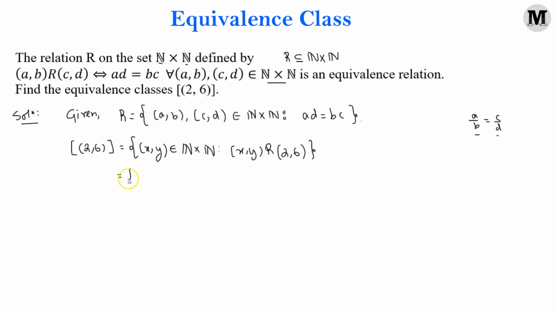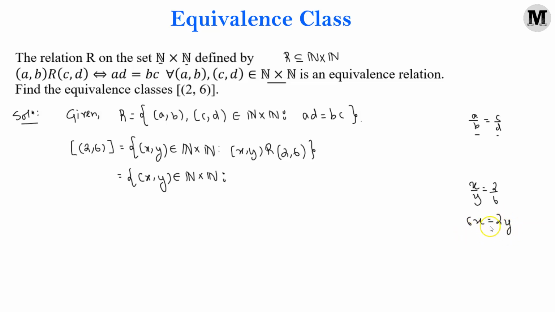Using the definition of the relation, we have x over y must equal 2 over 6. Let's cross multiply to get 6x equals 2 times y.